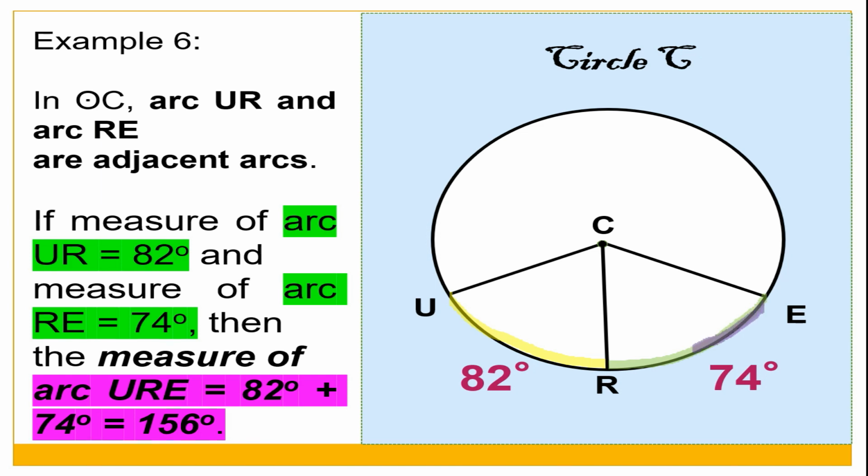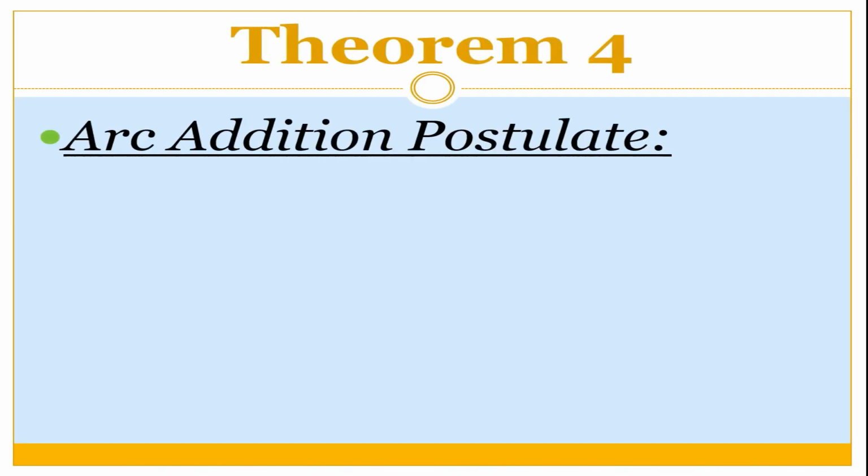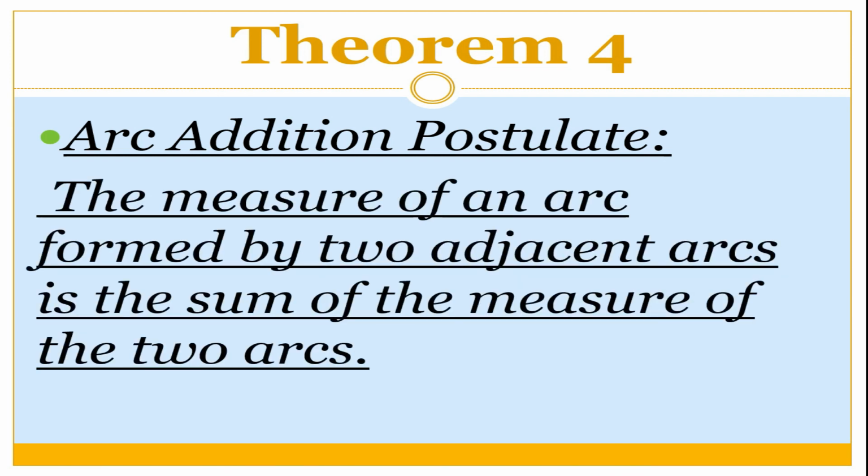The measure of arc UR is 82 plus the measure of arc RE is 74, which is equal to 156 degrees. And that is theorem number 4. It states that arc addition postulate, the measure of an arc formed by two adjacent arcs is the sum of the measures of the two arcs.